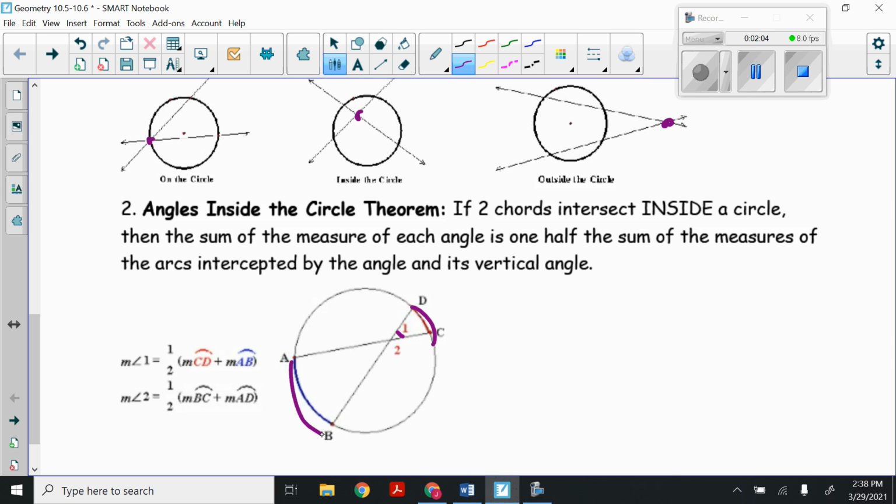If I'm looking for angle 2, it's the same thing, okay? That's going to be half the arc BC plus arc AD.